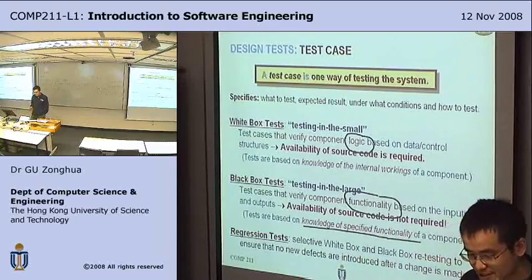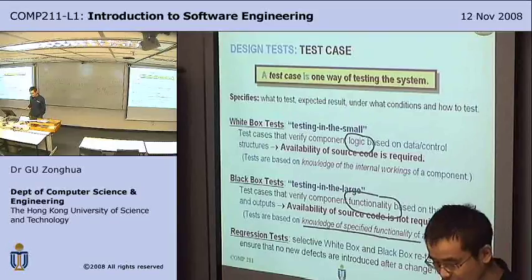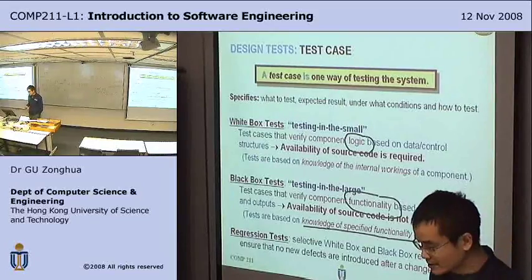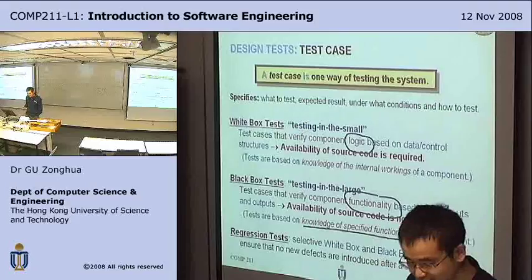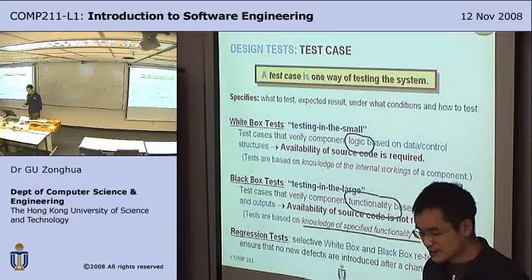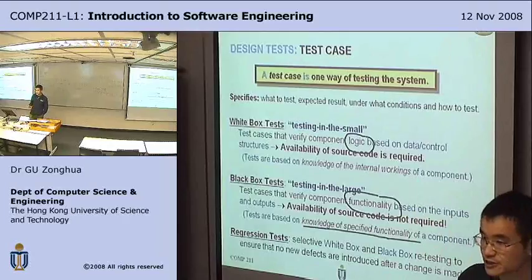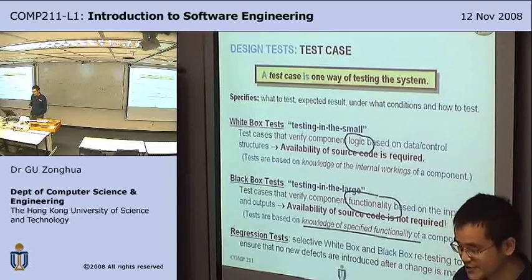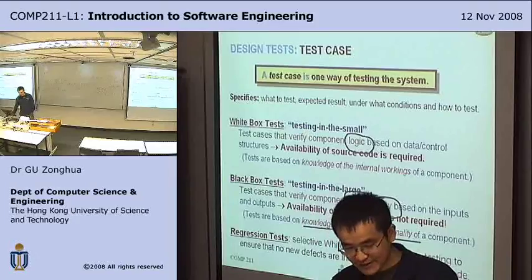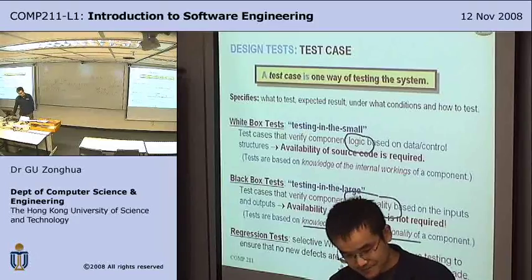Therefore, regression tests are designed to rerun old tests, and perhaps design some additional tests, to ensure that any change you made to the system does not introduce additional bugs. So it can be either white box or black box.